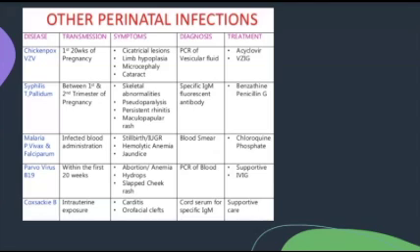And Coxsackie B virus: intrauterine transmission, intrauterine exposure, symptoms are carditis or orofacial clefts. For diagnosis, it's cord serum for specific immunoglobulin M. And for treatment, supportive care is recommended.